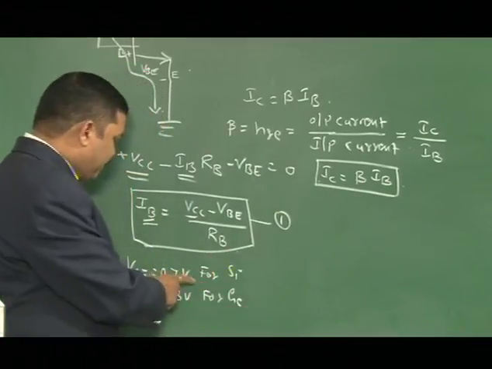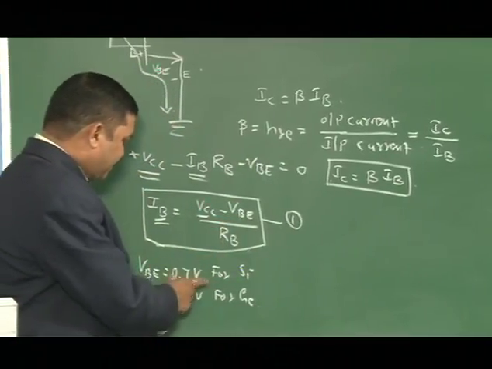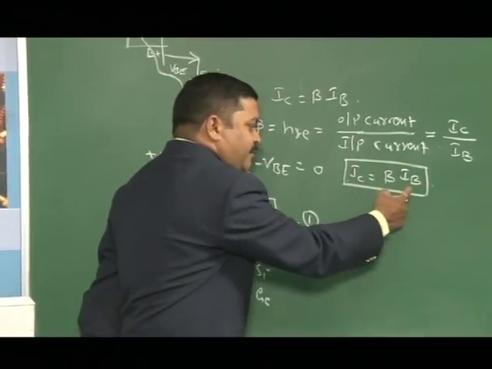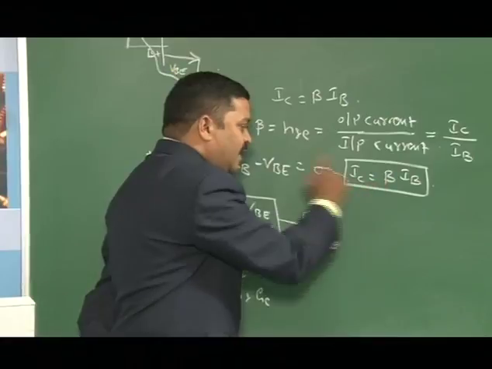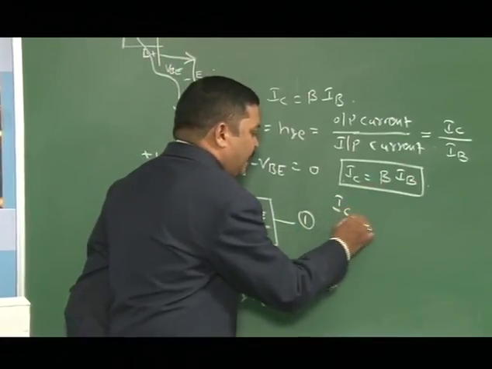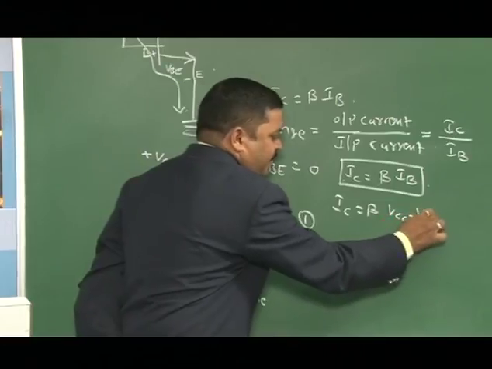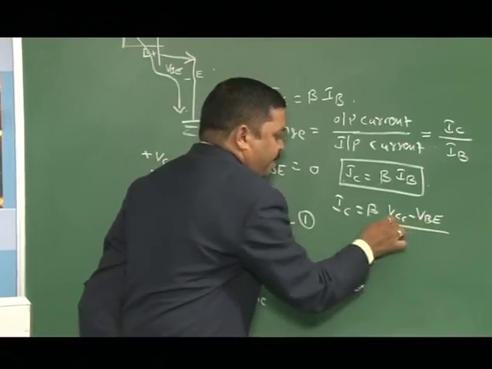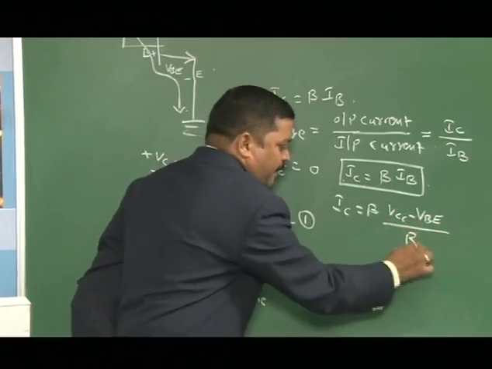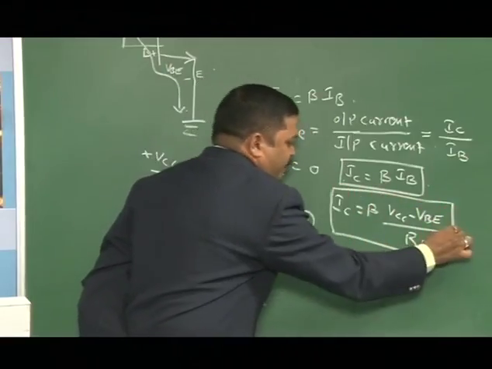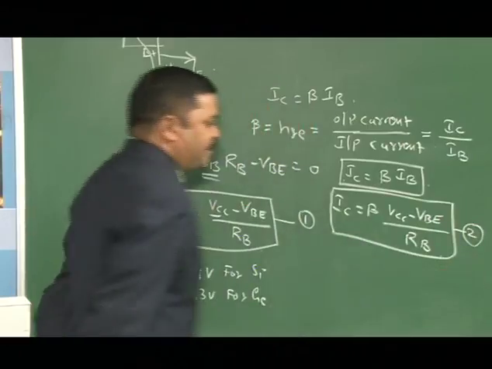Already IB is constant here from equation 1. We substitute here, which will be multiplied with the constant value beta. IC is equal to beta times (VCC minus VBE) divided by RB. So this is IC. Let me call this equation 2.